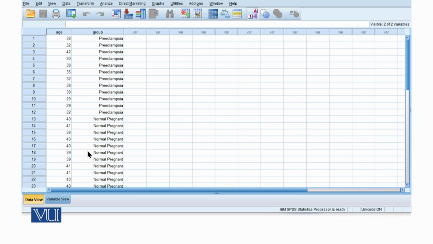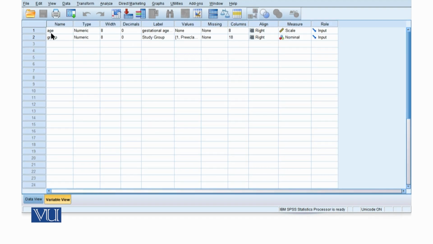But before we carry out a test for normality, it's very important to learn how to enter the data into SPSS when we are supposed to perform two independent samples test. So right here, we understand we have two independent samples.